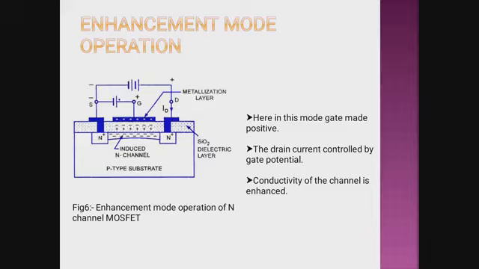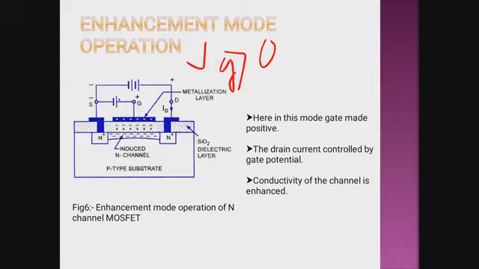Now what is the operation of this mode? The gate is positive, that means VG is greater than 0 volt. When this condition is satisfied, the device will be in the on state.